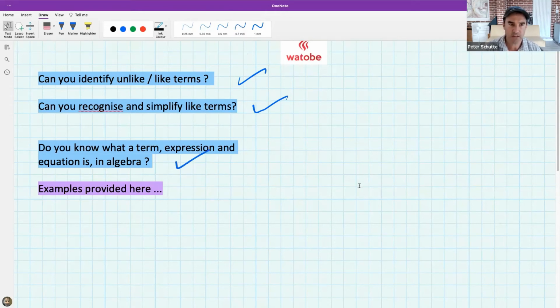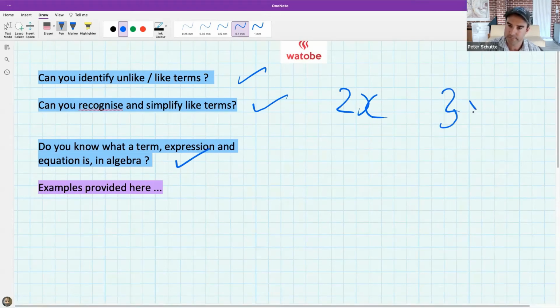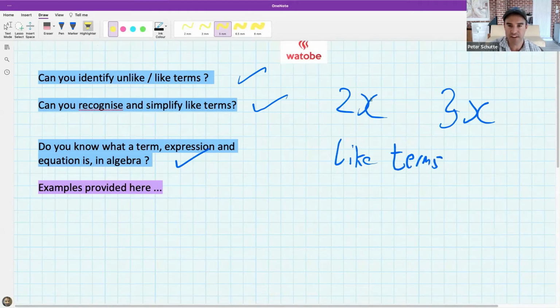At the beginning of this lesson, let me start by describing what a like and unlike term is. If I give you 2 terms like this, 2x and 3x, in algebra we say these are like terms because they have the same variable and that variable has the same power.